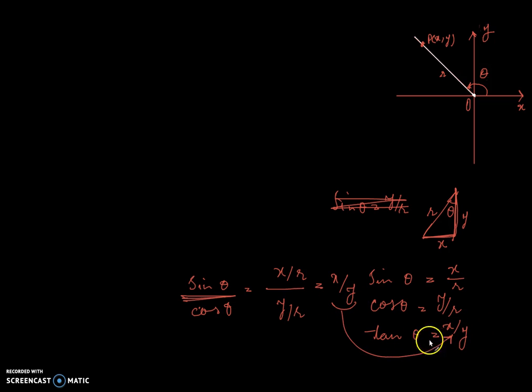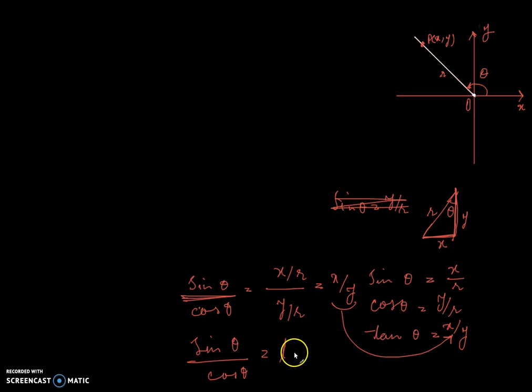So basically I can say that sine theta by cos theta is equal to tan theta, because if this is equal to this, then this is equal to this.